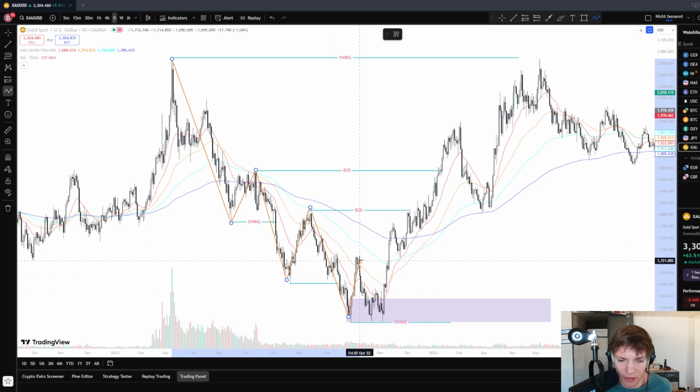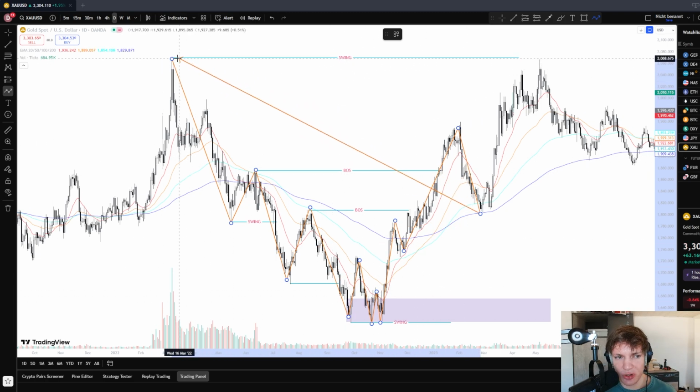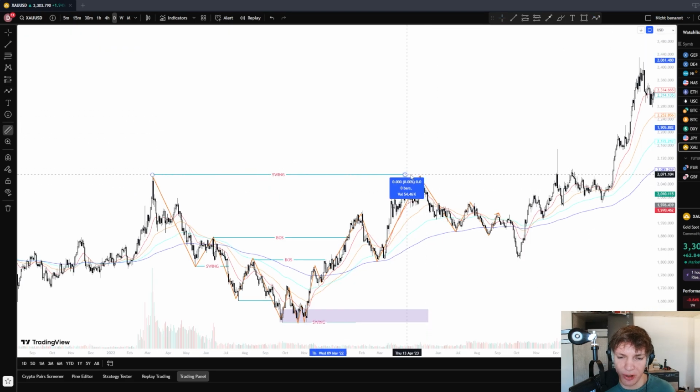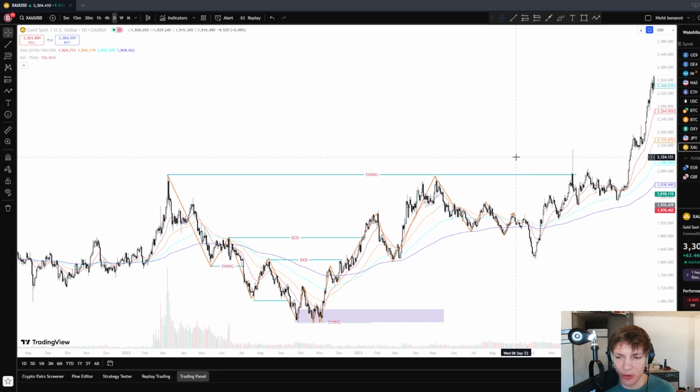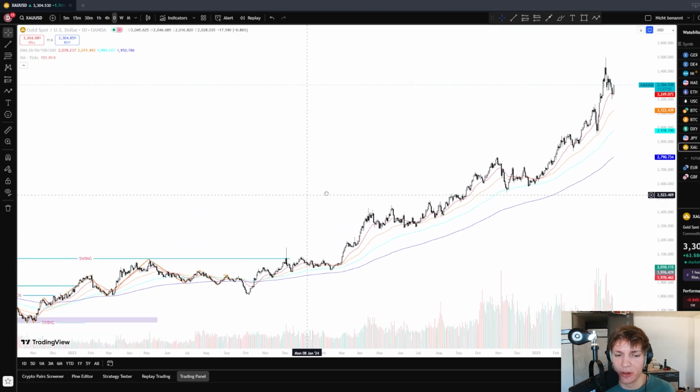On this low we consolidated a bit and then we broke two highs, meaning the structure shifted from short to long. Of course the major overall structure from this high is still not broken, but you can see we are still moving upwards. And if we go to the right a bit, we see this level gets broken eventually and then we move into the long trend.